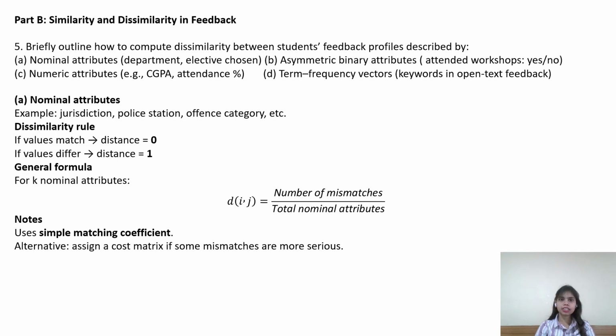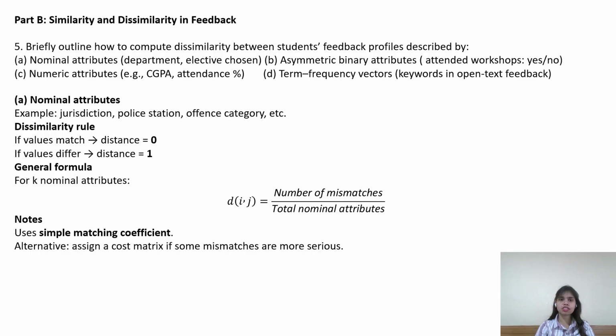Part B. Similarity and dissimilarity in feedback. Briefly outline how to compute dissimilarity between students' feedback profiles described as nominal attributes, asymmetric binary attributes, numeric attributes, term frequency vectors. First, nominal attributes. Example: jurisdiction, police station, offense category, etc. Dissimilarity rule: if values match, distance equals 0.